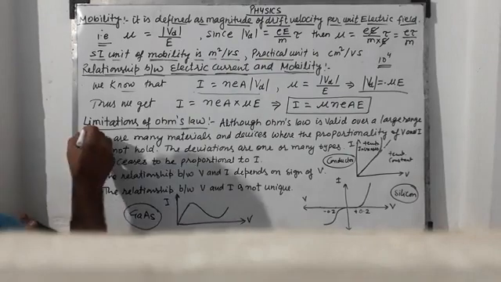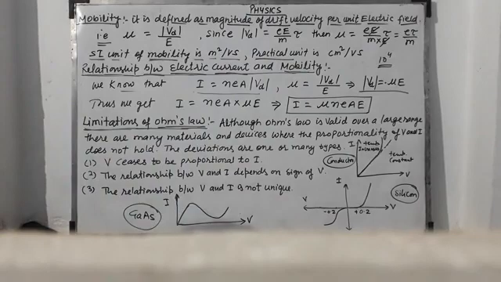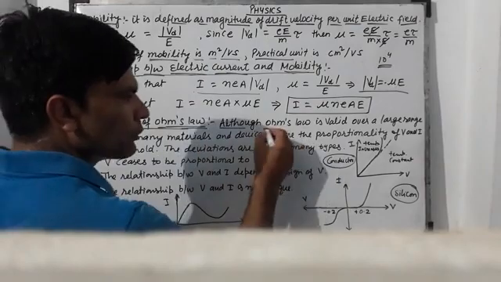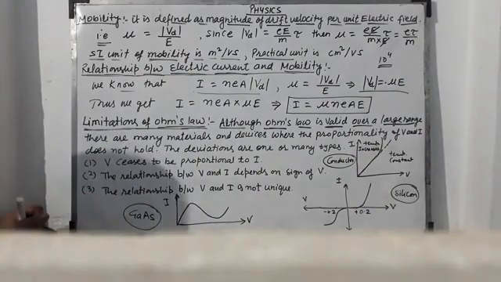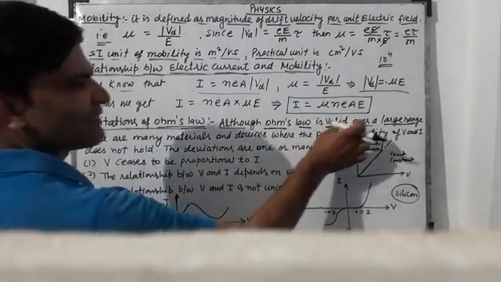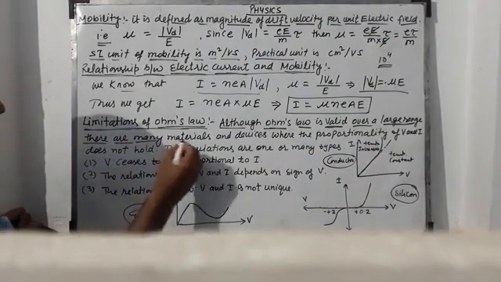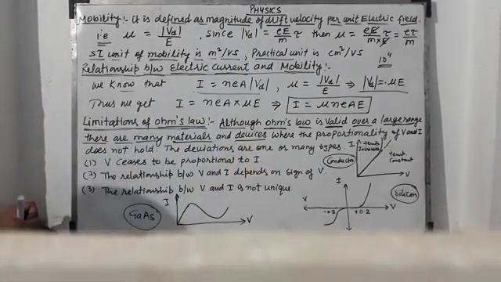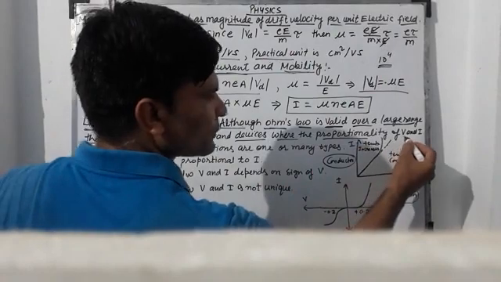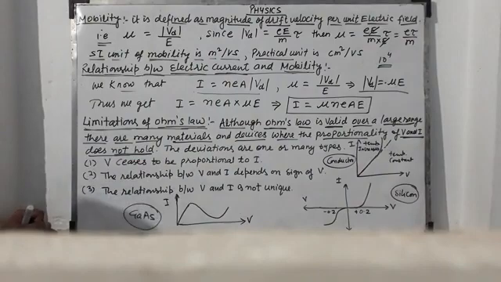Now the limitations of Ohm's law. As we know, Ohm's law is V is equal to IR. Although Ohm's law is valid over a large range, there are many materials and devices, such as electronic devices, where the proportionality of V and I does not hold.